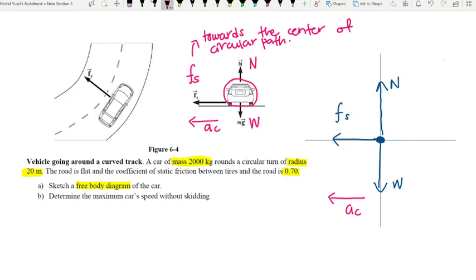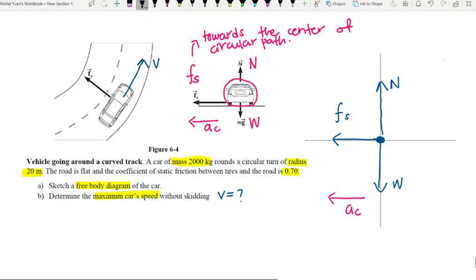Soalan yang kedua, soalan B, determine the maximum car speed without skidding. So kita nak cari velocity of the car. Okay, so ini adalah velocity yang kita nak cari, tangential velocity of the car.